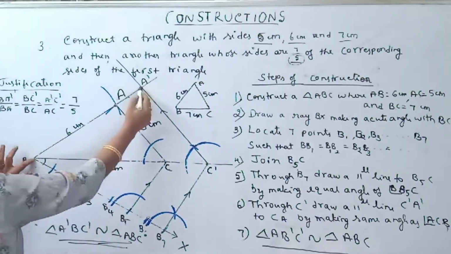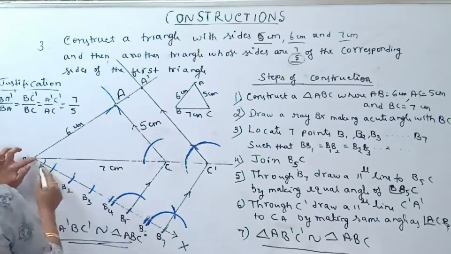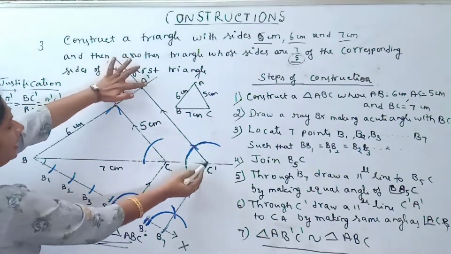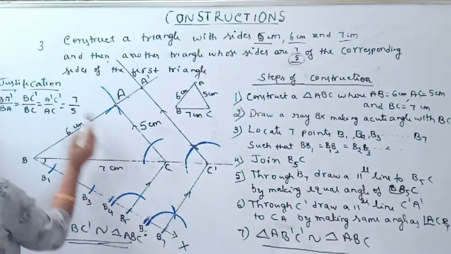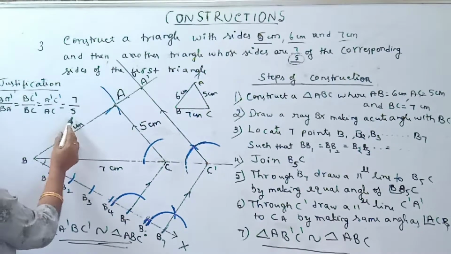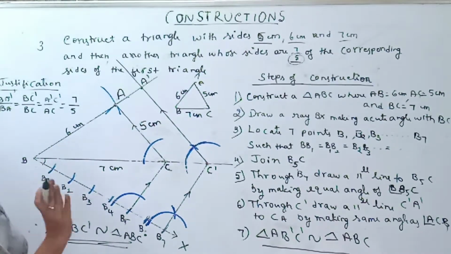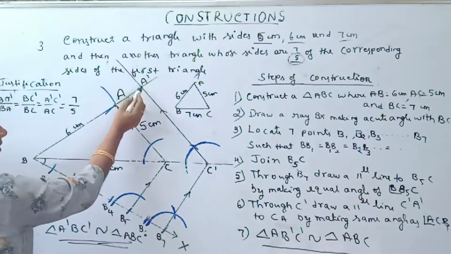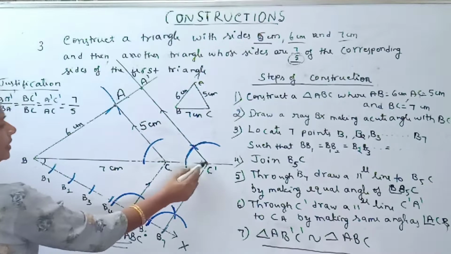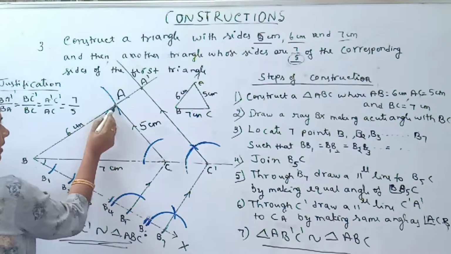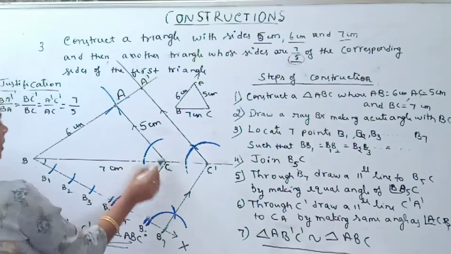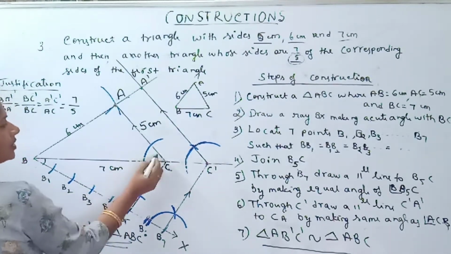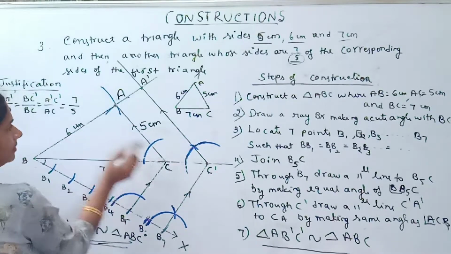Justification: BA dash by BA equal to BC dash by BC equal to A dash C dash by AC equal to 7 by 5. How you can prove, children? In question number 2 already I have explained. So in two triangles A dash B C dash and triangle ABC, angle C equal to angle C dash because corresponding angles.